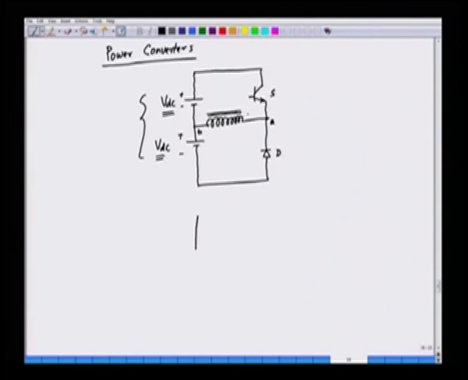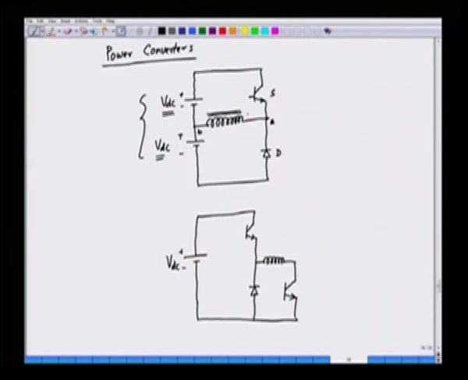So we can have a single supply here, VDC, and then we have a positive transistor, and we have a transistor here, and we have two diodes here, one diode here and the other diode here. Now here this is A and this is B. So we have a single voltage source, that is VDC.